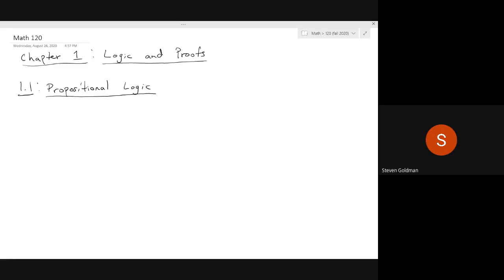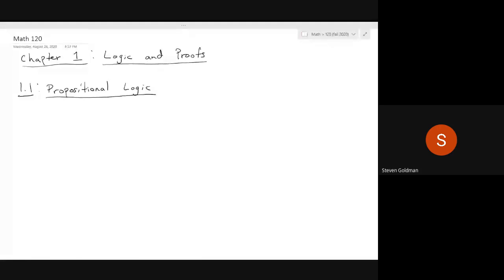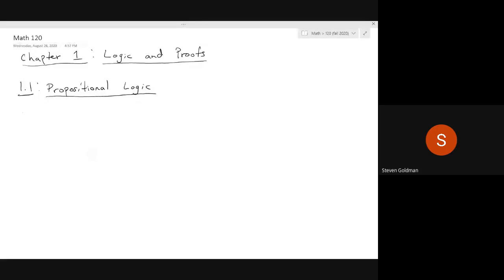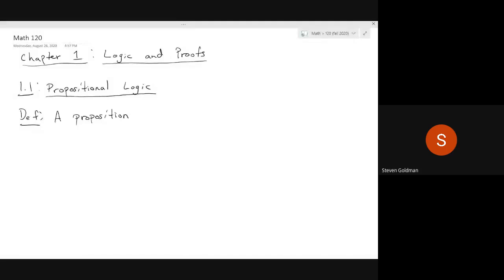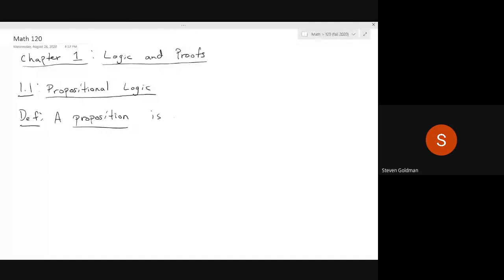Okay, so we start this chapter with a definition for what a proposition is. Okay, so our first definition. A proposition is a declarative sentence.